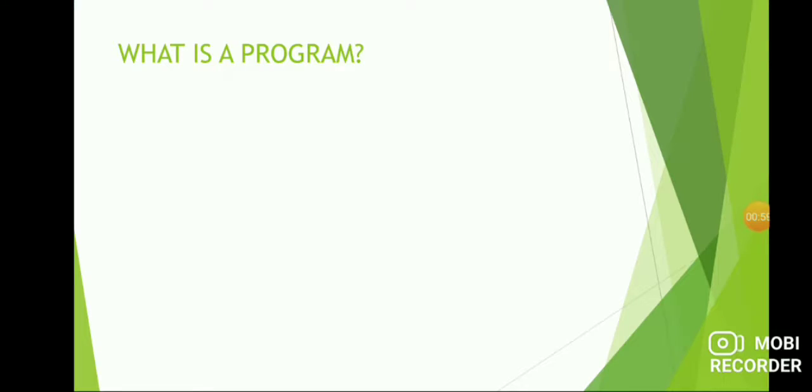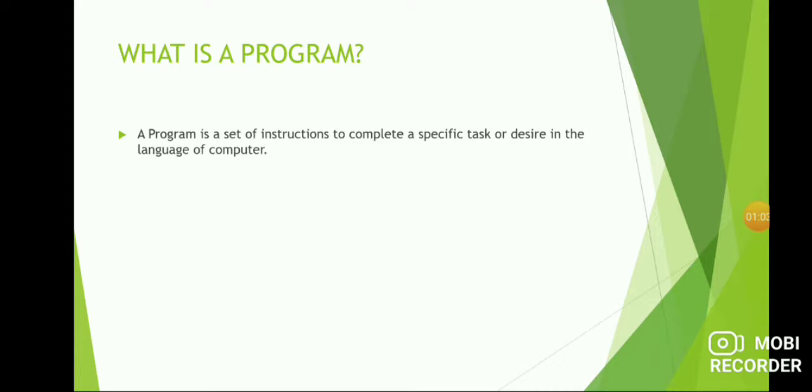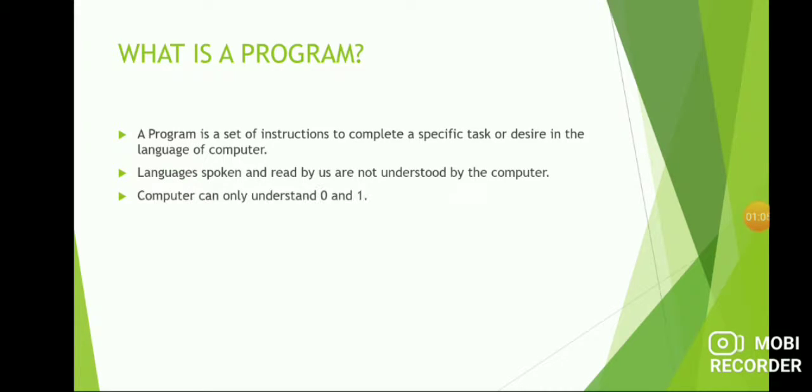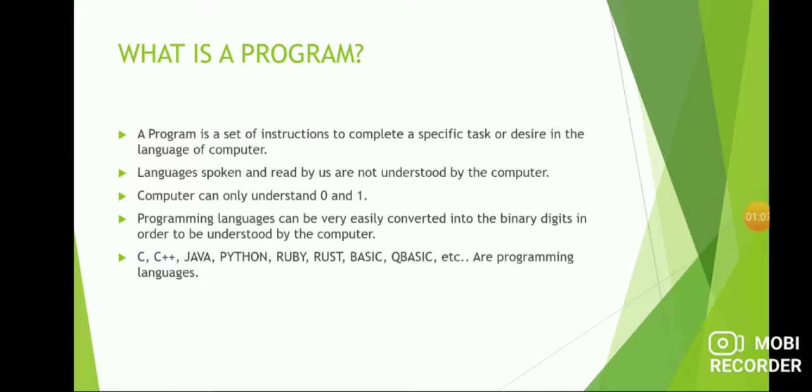So guys, today's video, before learning C, we'll understand what a program is. Nowadays we are hearing it a lot. The languages we talk in, like Hindi, English or many others, the computer can't understand.